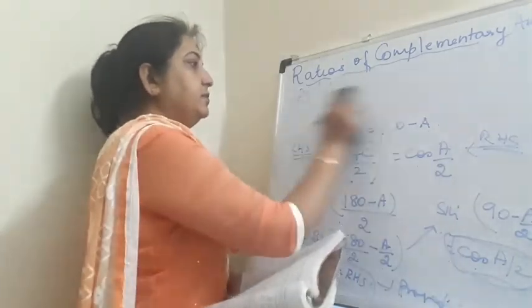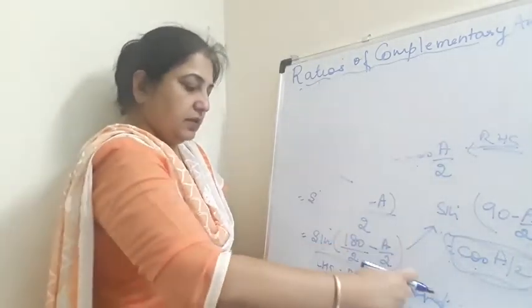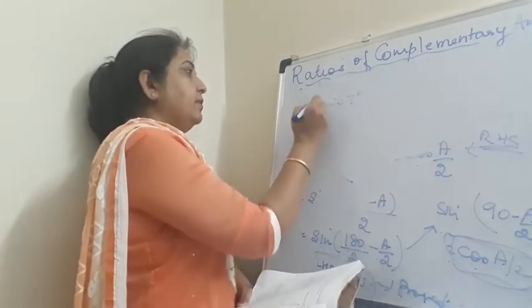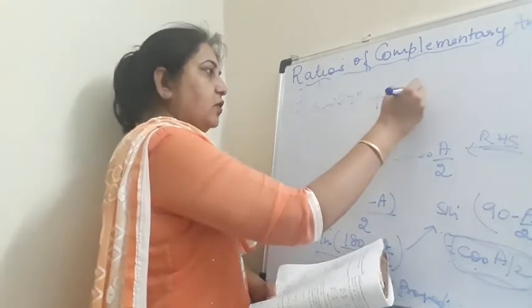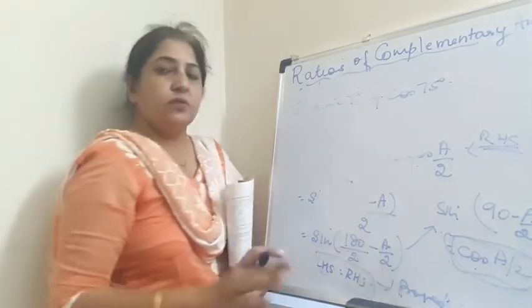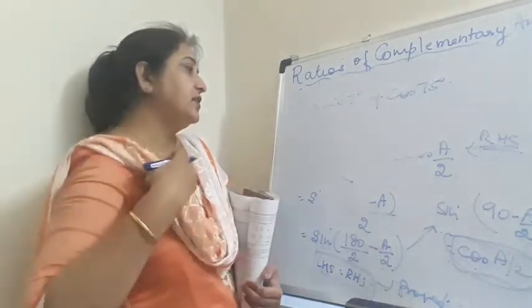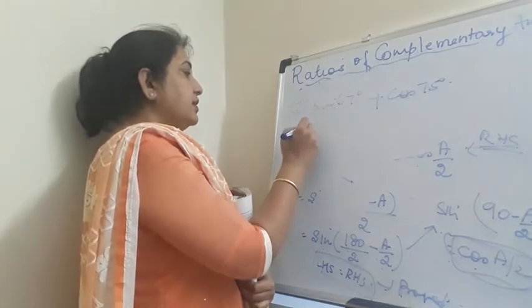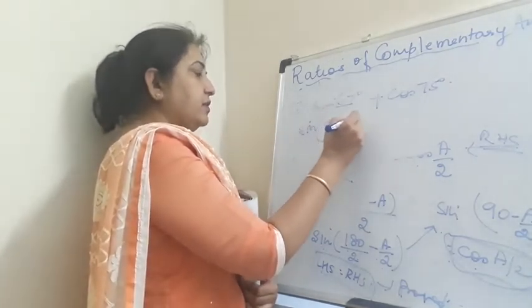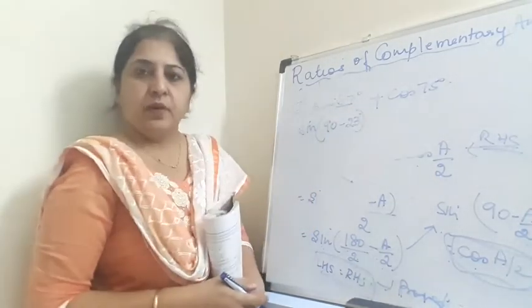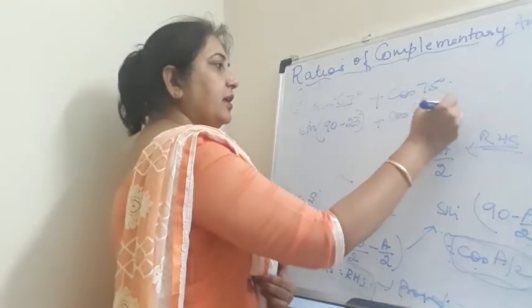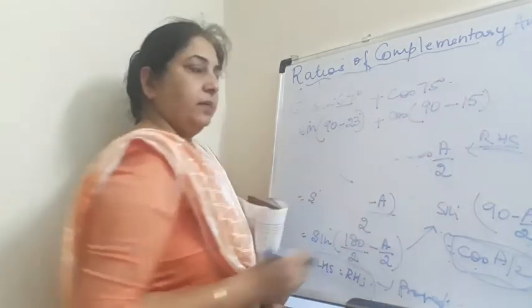So you know what we can do? We will write question number 7: sine 67 degrees plus cos 75 degrees. Definitely we can change this and this in terms of 90. So for sine of 67 degrees, I can write 90 minus 23 degrees, right? And for cos of 75, I can break it up and write 90 minus 15.